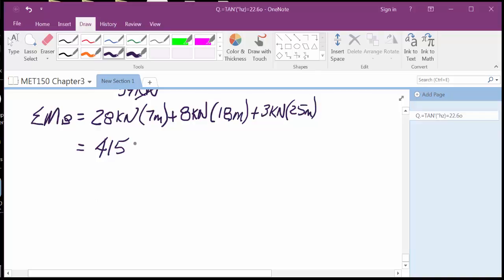Really? It's not kilonewton meters? Ha! Trick question. But it is kind of pretty important. Well, am I done yet? Counterclockwise. It's a positive value, so it's CCW.